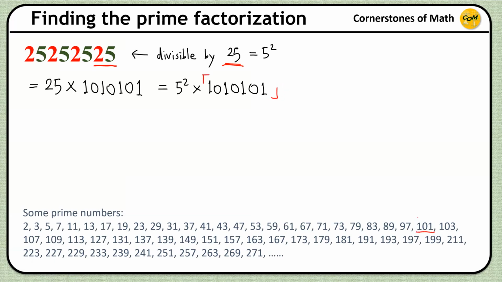Now let us take a closer look at this number. From the list of prime numbers, you can see that 101 is a prime number. Some of you might already know this. And we have 101 here and 101 here.